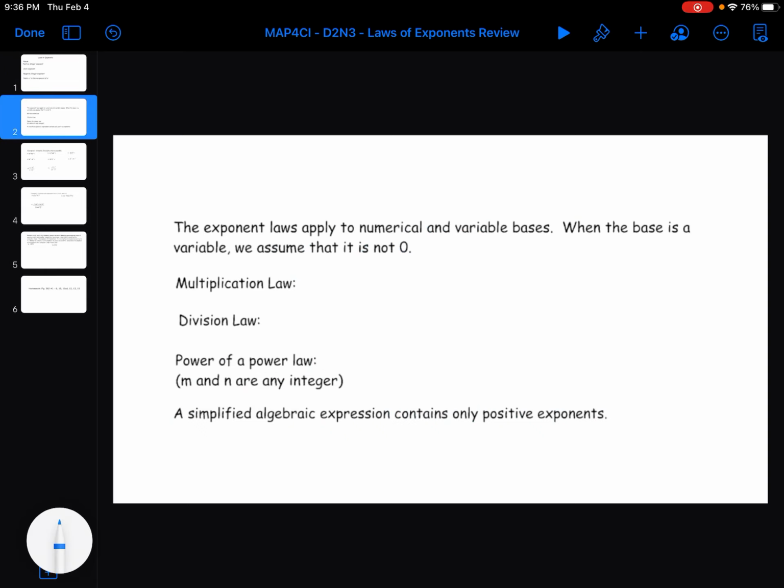So exponent laws apply to numerical and variable bases. If the base is the same, we can apply these laws. Now we've done these laws a few times before, so I'm not going to spend a lot of time on them.